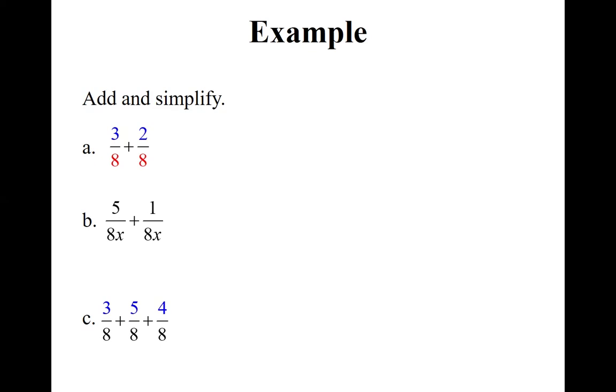So 3/8, imagine that one person eats 3 out of the 8 slices. Plus 2/8, imagine that someone else eats 2 out of the 8 slices. How many slices have been eaten out of the total? Well, 5 out of 8.